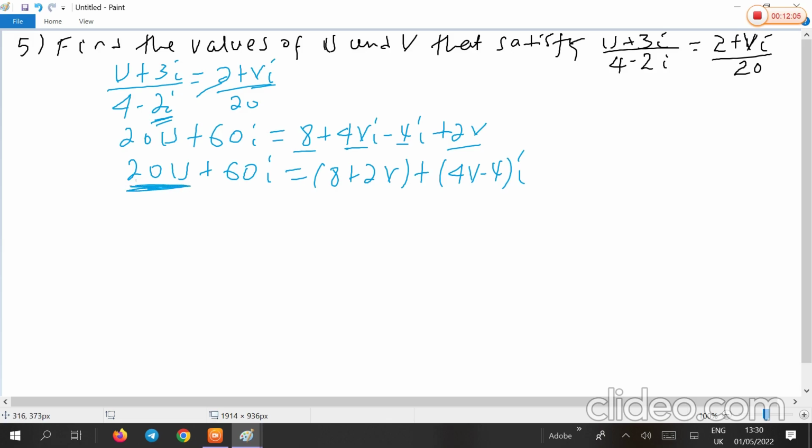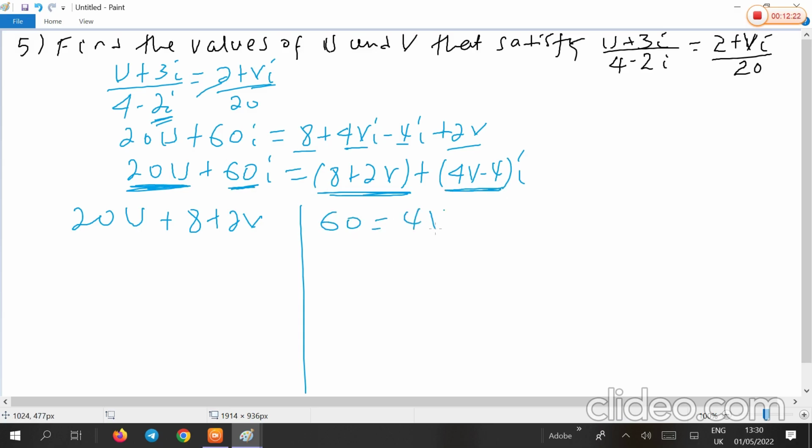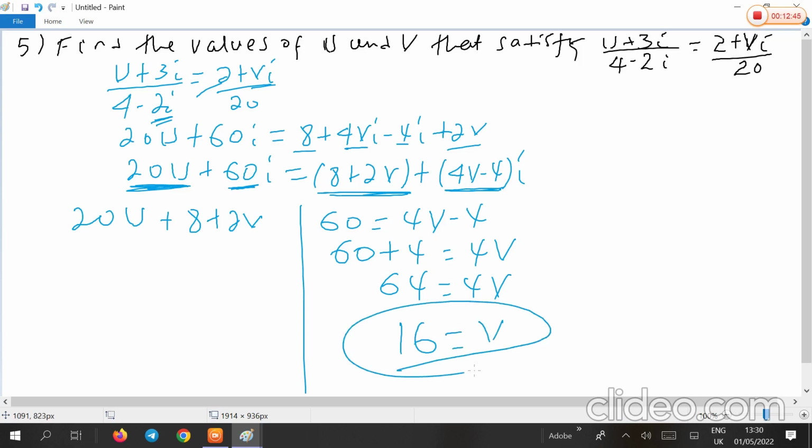That means 20u and 8 plus 2v are equal. And for the imaginary parts, we have 60 here and 4v minus 4 here, which are equal. Shifting minus 4 to the left-hand side gives 60 plus 4, which equals 4v. So 64 equals 4v. Dividing both sides by 4, 16 is the value of v.